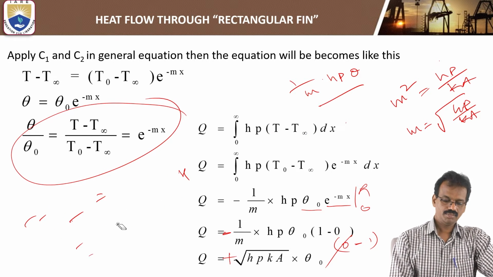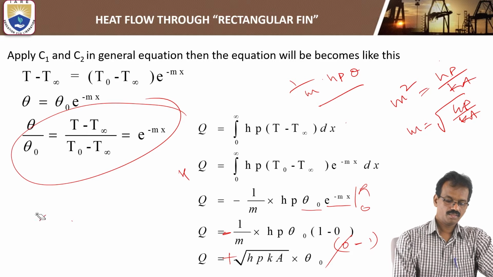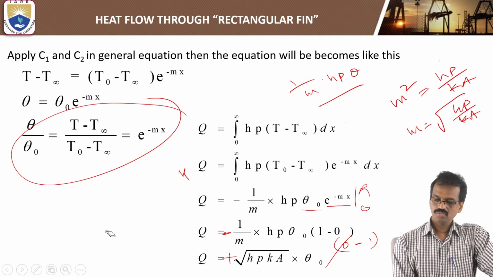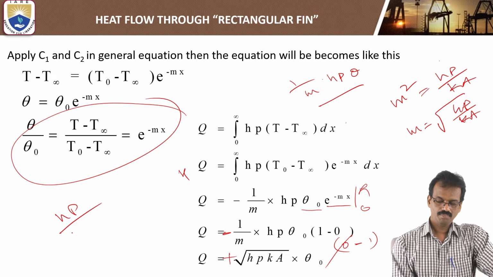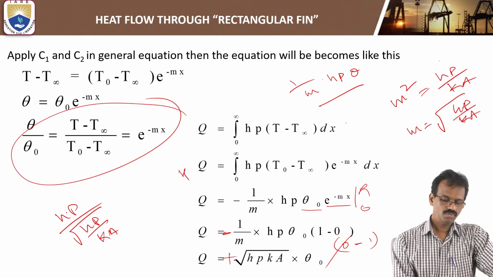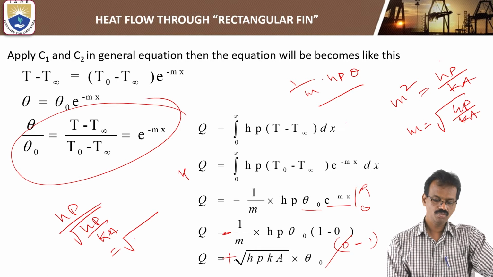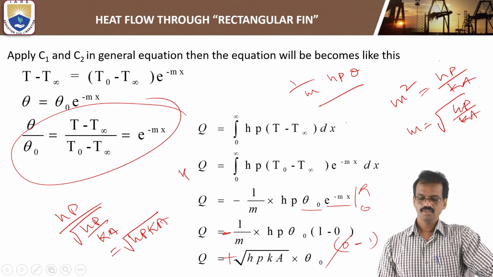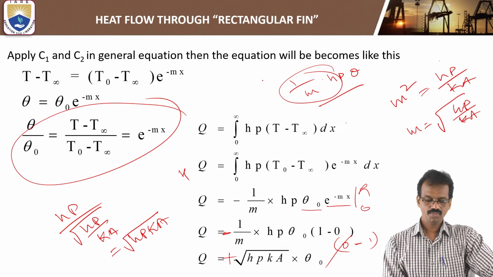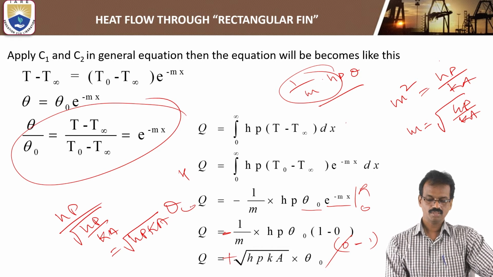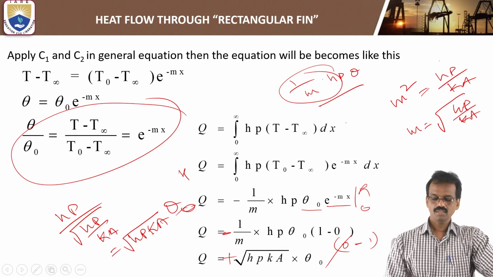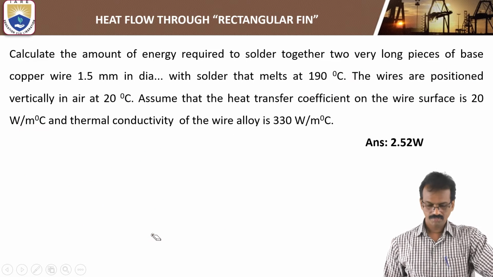It means hp by under root of hp k. So under root of hp k is the value of this total term into theta naught.